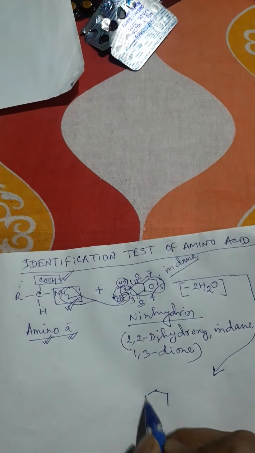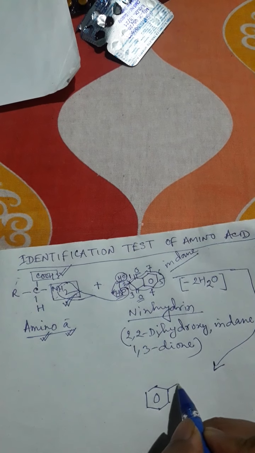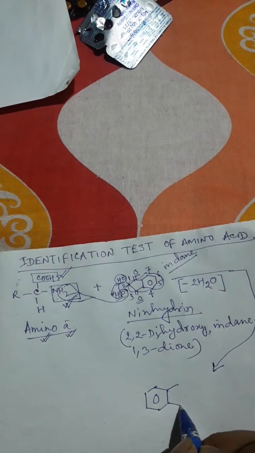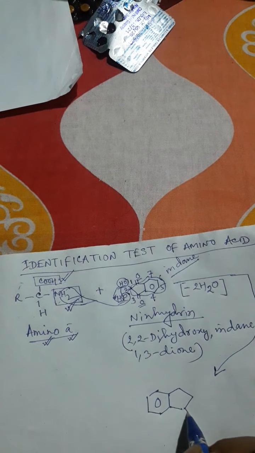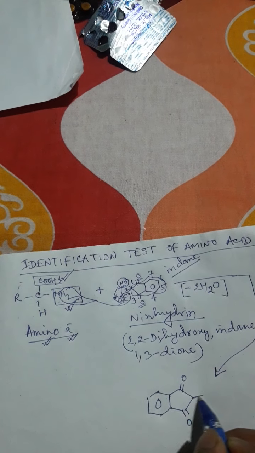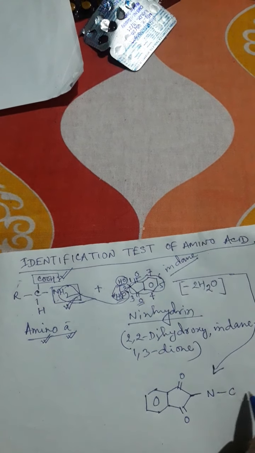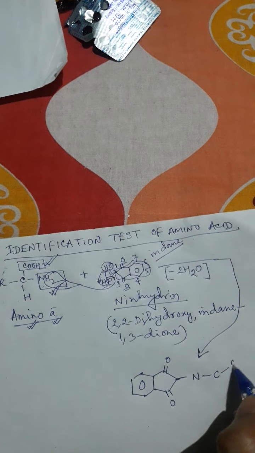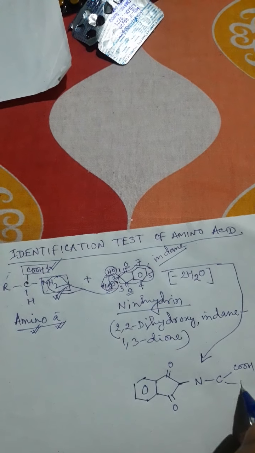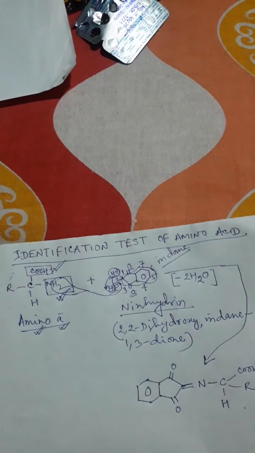So what will be the product? Here in this carbon, this nitrogen will be attached, and the other will remain as such. C with COOH, the other H and R remain the same. Now this will be a double bond.